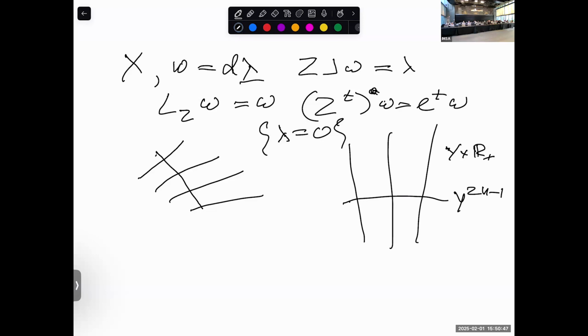If you have, for instance, a fixed contact form alpha, then we have this Liouville form s alpha, and a vector field Z scaling along this direction, and this gives precisely, locally, exactly this picture.